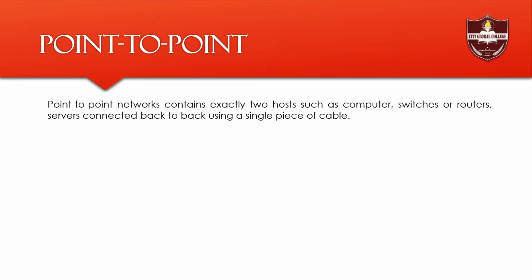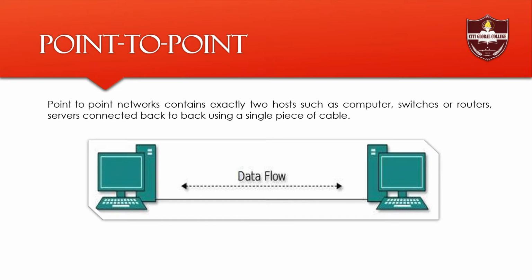Often the receiving end of one host is connected to the sending end of the other and vice versa. If the hosts are connected point-to-point logically, they may have multiple intermediate devices, but the end hosts are unaware of the underlying network and see each other as if they are connected directly. And this is the diagram of a point-to-point.